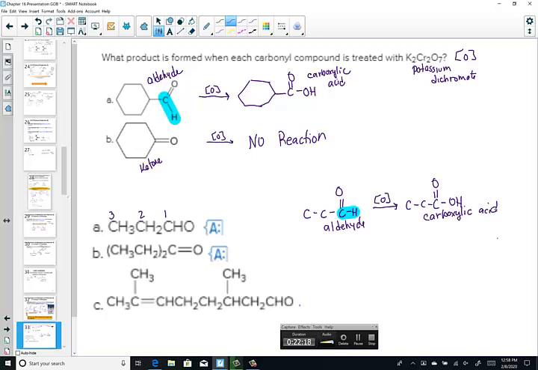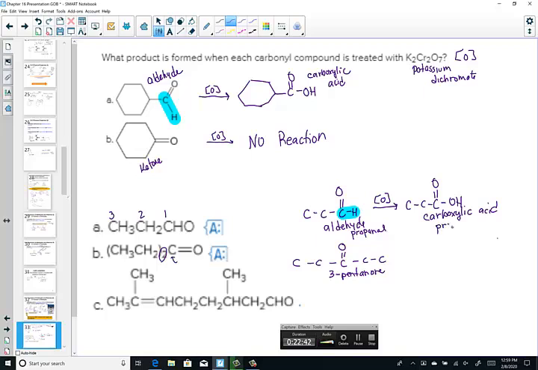Let's look at letter B. Here is a carbon with a carbonyl group, C double bond O, and on either side of it is an ethyl group. So this is 3-pentanone. Up here, just to keep practicing naming, this would be propanal.